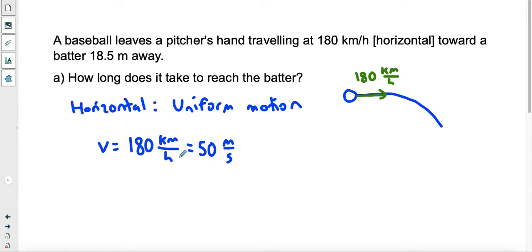You can use Google to check this, or another way you can do this is just divide by 3.6 to go from kilometers per hour to meters per second. We also know it's going towards a batter that's 18.5 meters away. So the distance is going to be 18.5 meters.